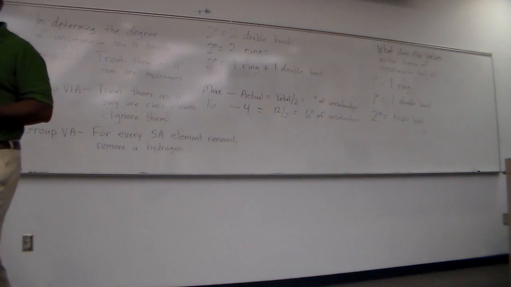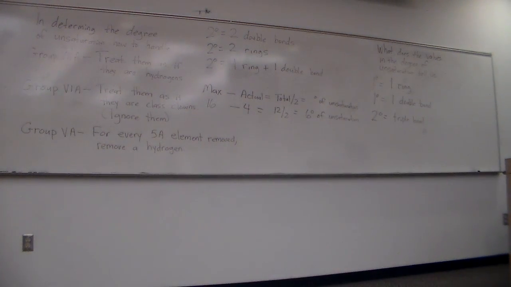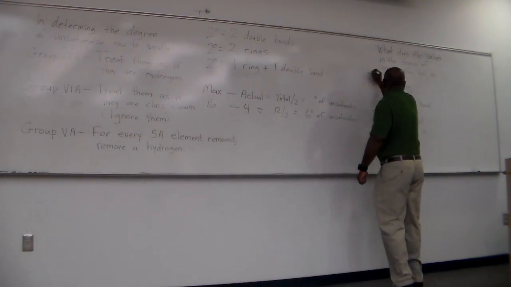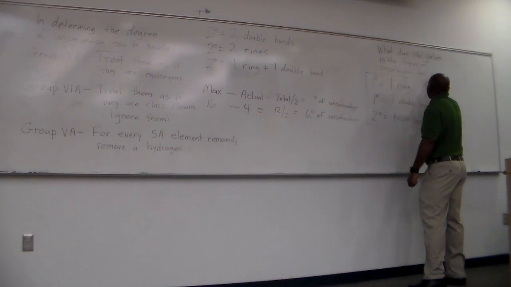Now, when we had 4 degrees of unsaturation, give me a combination to give me 4 degrees. These are the values you use in order to make higher numbers.